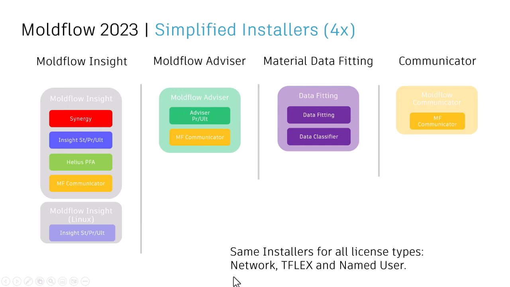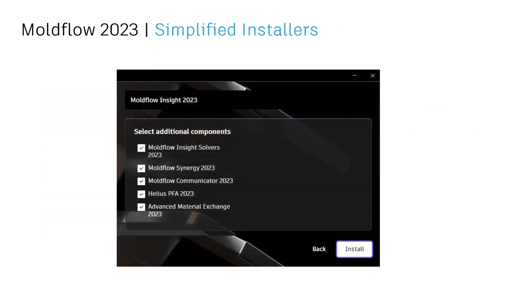So as a Moldflow Insight user, at the time of installation, you can opt for a single Insight solver installer, that is the ultimate one, and later you can configure it as per the licensing that you have, as standard, premium, or ultimate. I'll take you through the next steps in the coming slides.